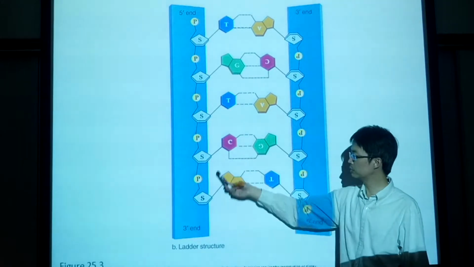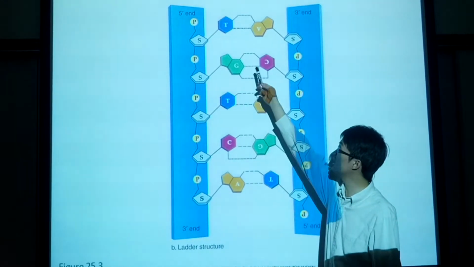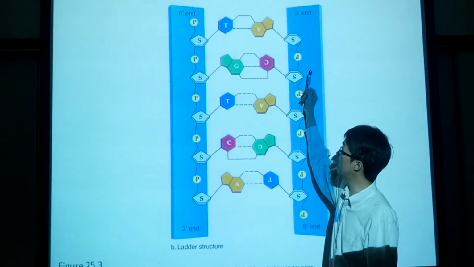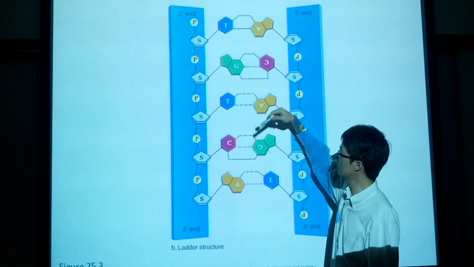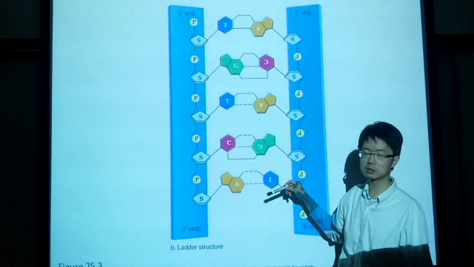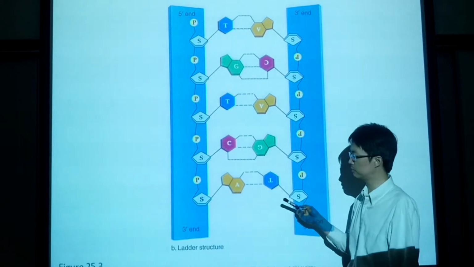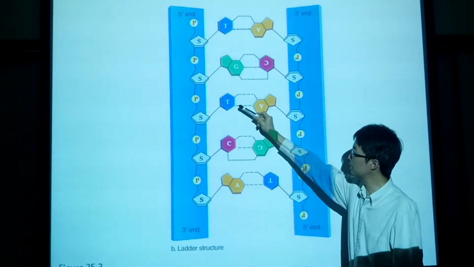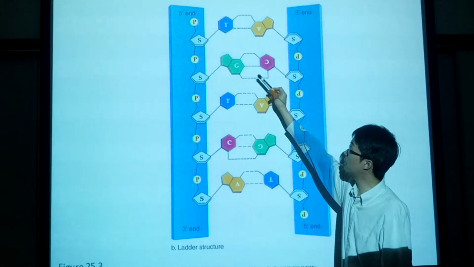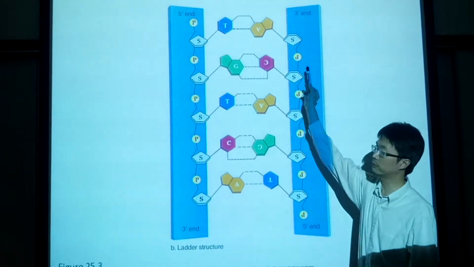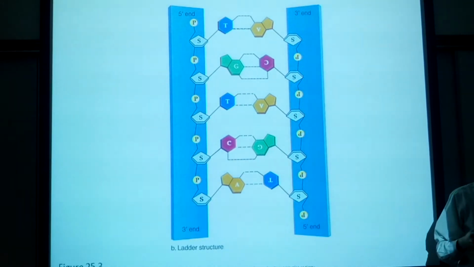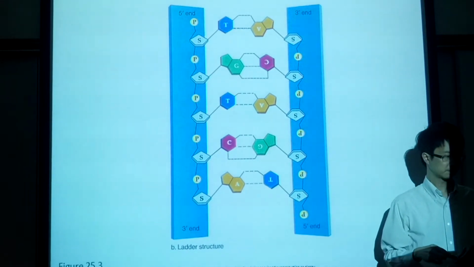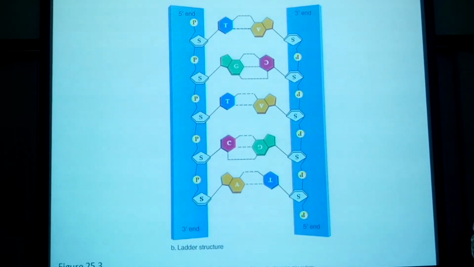On one strand you may have A, C, T, G, T. And then on the opposite, anti-parallel strand, you must have, following the base pair rule: A bond with T, C bond with G, T bond with A, G bond with C, and T bond with A. So it must happen in this way.